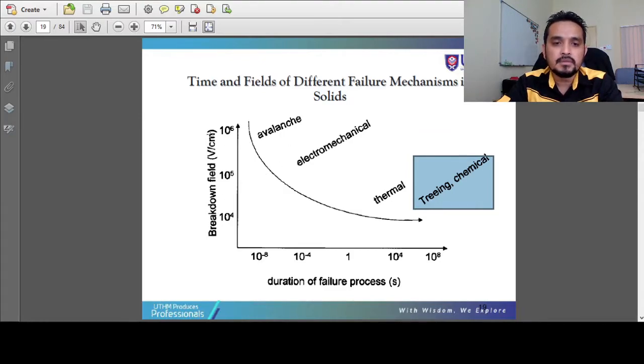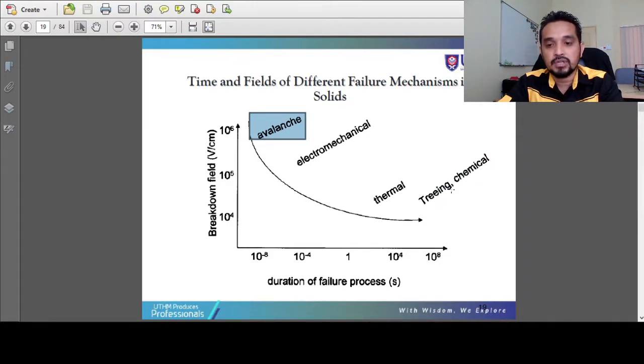For the breakdown field, avalanche requires a very high electric field stress to trigger it.